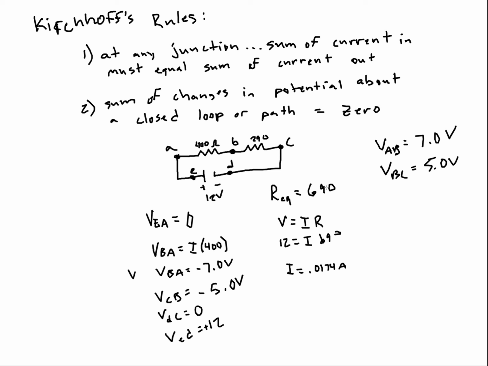And so VDE is going to give you negative 12. So do you see how it cancels out? You can view it either way. You can go clockwise or counterclockwise, it doesn't matter. The point I want to stress is A to B and B to C need to add up to my total voltage that I start with, which is 12. In other words, think of it like a conservation of charge. Okay? So that is Kirchhoff's rule in a nutshell.